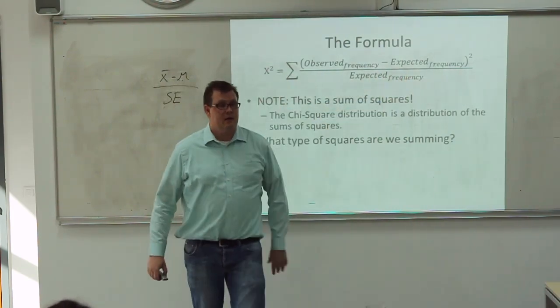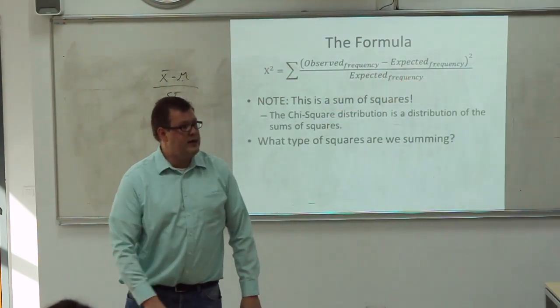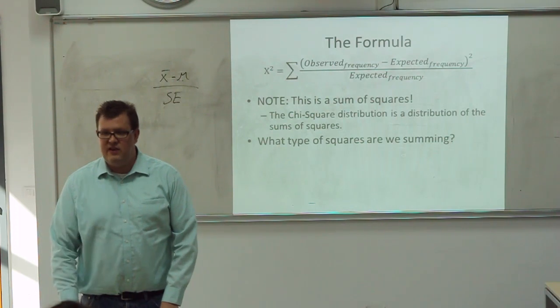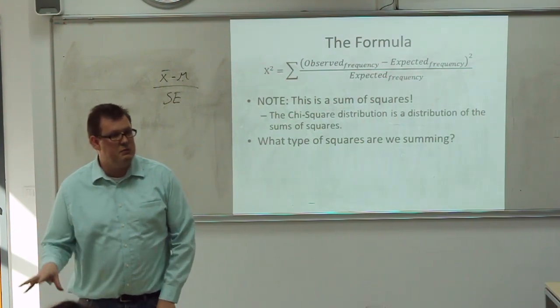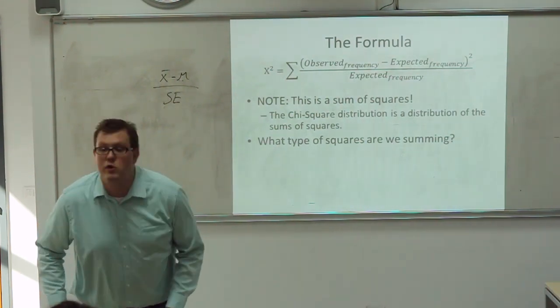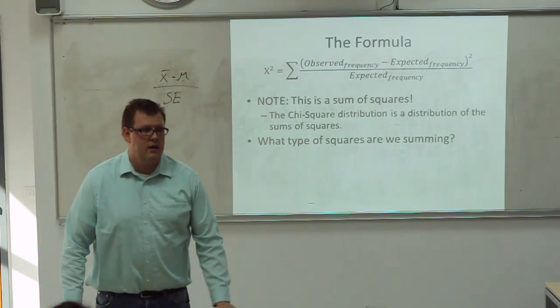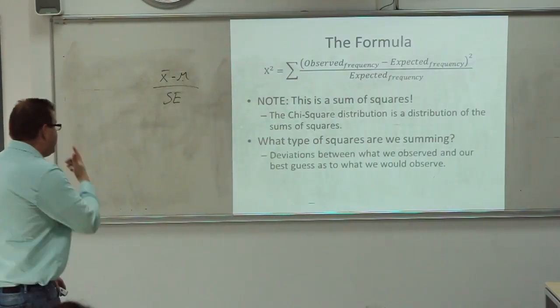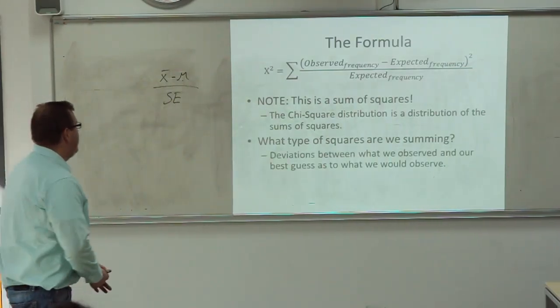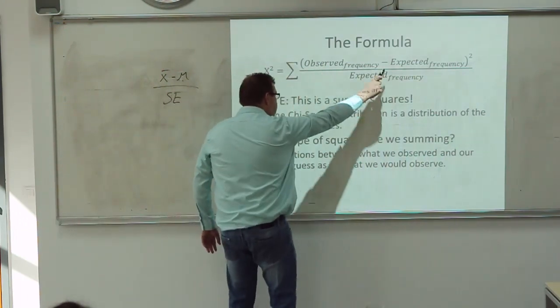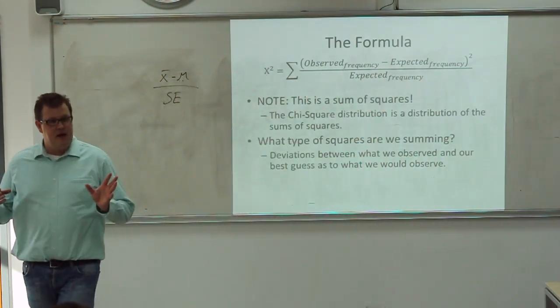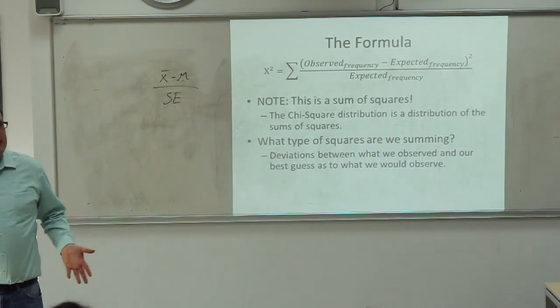It's what we would expect, right? So what we did with variance is we took deviations. It was a deviation between what we observed versus what we would expect. Here, it's exactly the same thing. It's a deviation between what we observed and what we expected, but it's a deviation in frequencies.